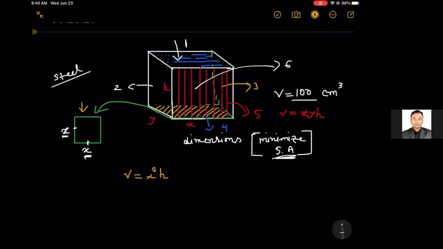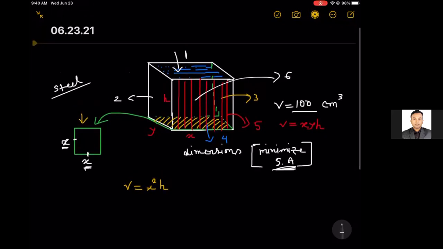So now the question is, how many sides do we have for this problem? Can you locate how many sides you need to deal with here? We have 5 sides, because the top is open. Exactly, very good.